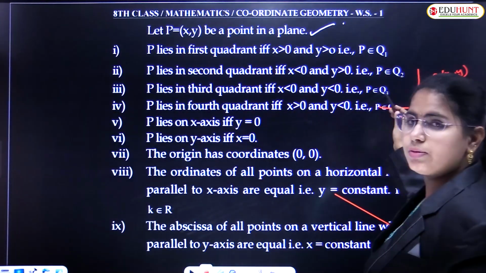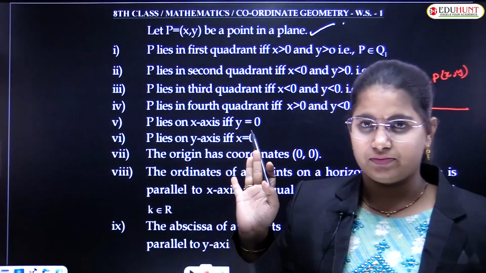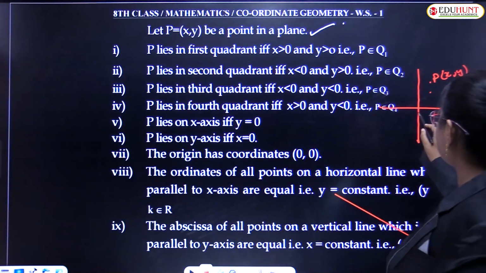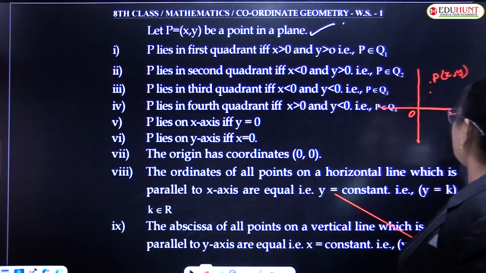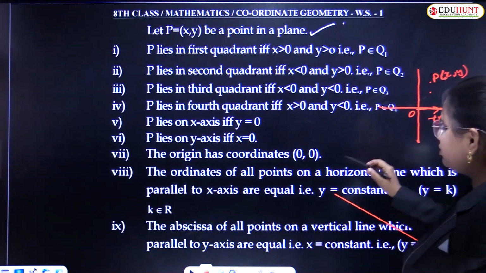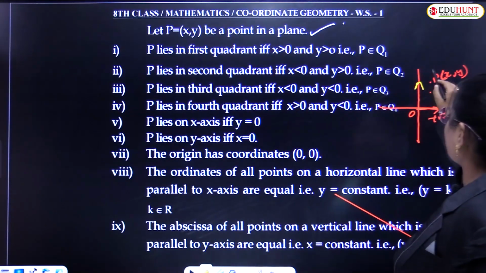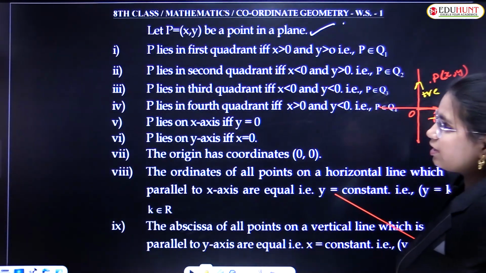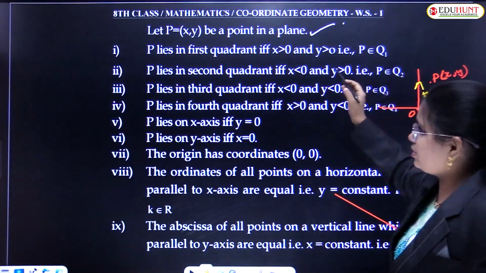Suppose my particular point P is lying in the first quadrant. If this is my origin, I told you the right side of the x-axis is always positive, and the upper part of the y-axis is also positive. So this particular point will also be positive.